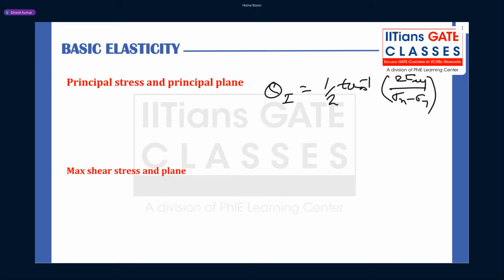I have given everything. We know for pure shear case, sigma x is 0, sigma y is 0. So what will be theta 1? 45 degrees, sir. Exactly.